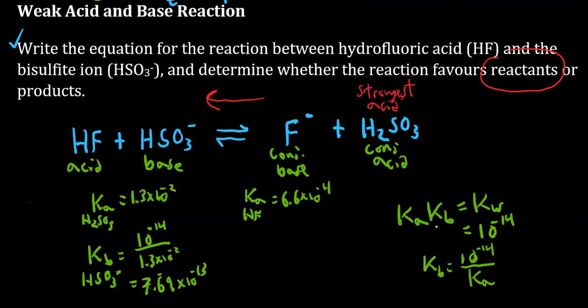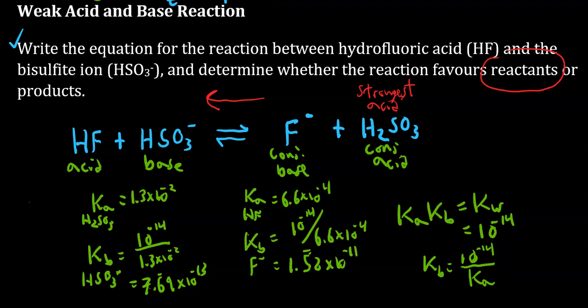And if we do the same thing for Kb of F minus, it's 10 to the negative 14 divided by 6.6 times 10 to the negative 4, which is 1.52 times 10 to the negative 11.